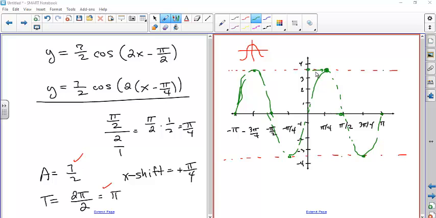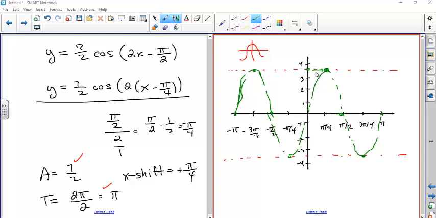Okay, so that is basically it for 4-5. The only thing I guess else I have to say is that there might be a problem where I ask you just to write down what the transformations are.